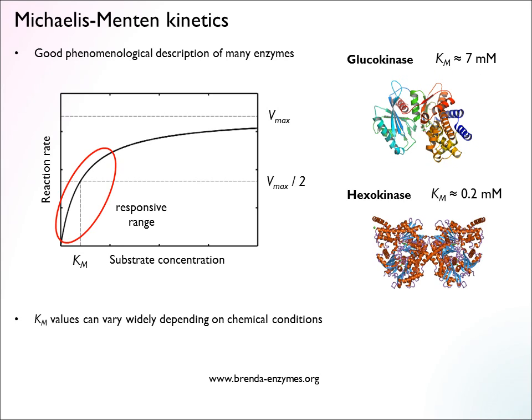This isoform has a fairly high Km. That means it is not going to be active unless you have very high sugar concentrations, a bit higher than the sugar concentrations you normally have in blood. So when you have hyperglycemia, it starts to become active and process sugar. And that's suitable in the liver and the pancreas.